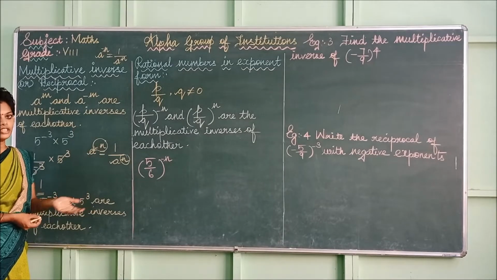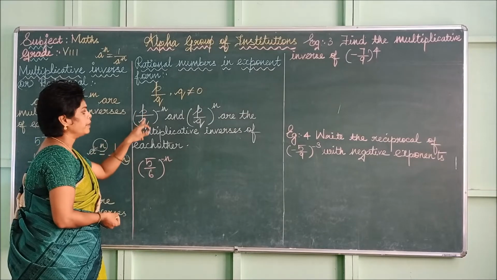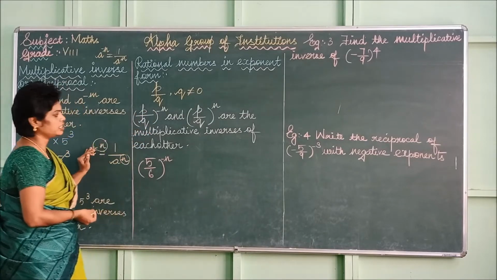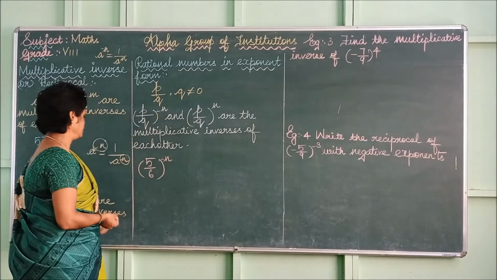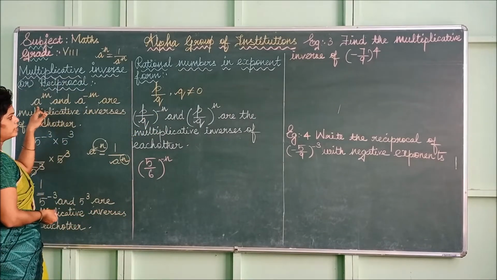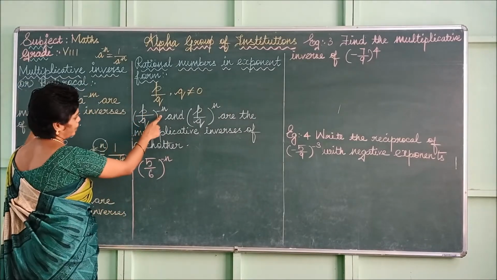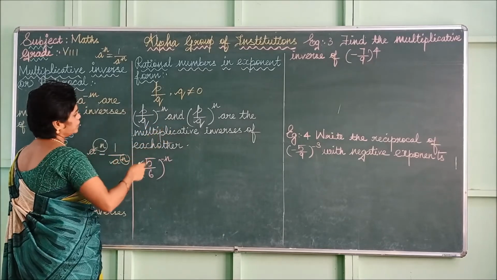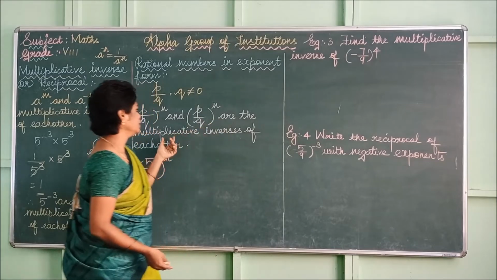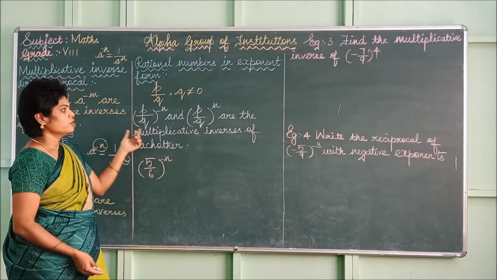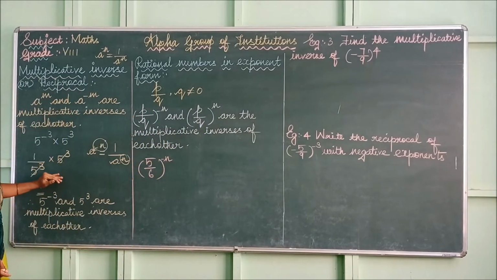But in rational form, we can write this as p by q. So p by q whole power minus n, and instead of that a, we can change and write (p by q)^n, which are the multiplicative inverses of each other. So for this we can see an example.